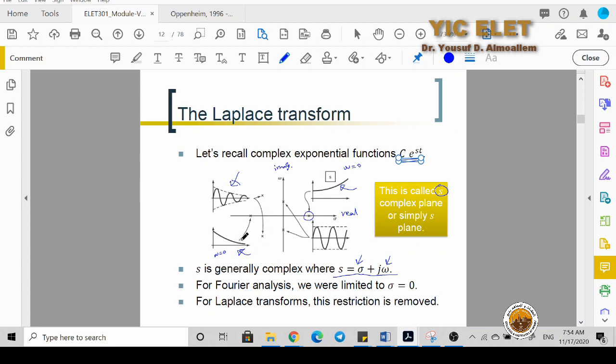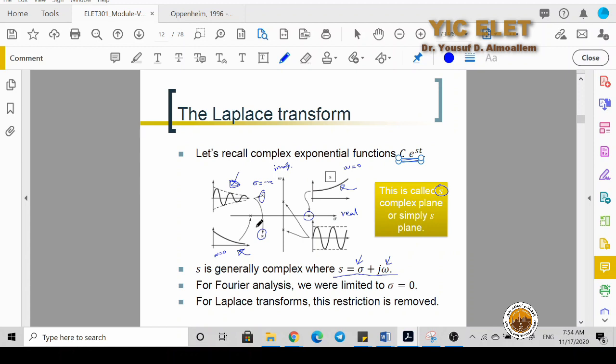Okay, and if we do have a negative sigma, whether omega is positive or negative doesn't matter, it will look like this function here.